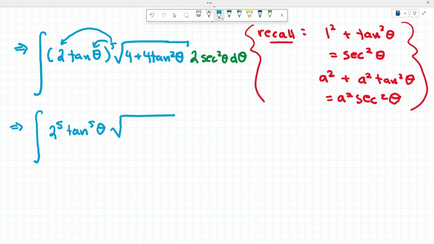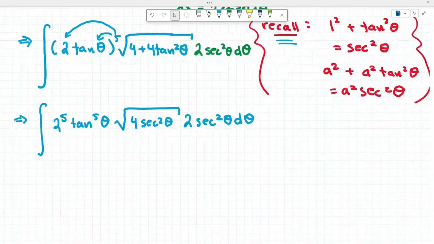Then all of that is multiplied by 4 secant squared theta, thanks to our handy trig identity, which I pointed out over here on the side in red. That helped us out. And then we have our last bit, which is 2 secant squared theta d theta.